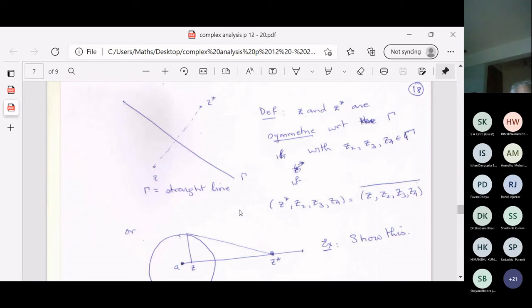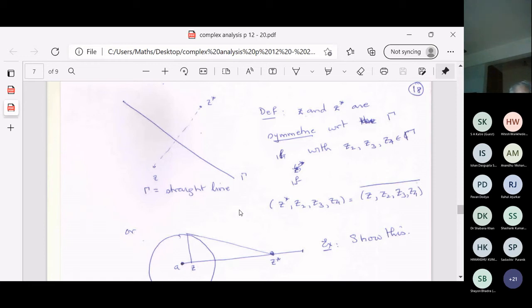And I will say Z and Z star are symmetric with respect to gamma if the cross ratio of Z star, Z2, Z3, Z4 is the complex conjugate of the cross ratio of Z and Z2, Z3, Z4. So Z and Z star are symmetric with respect to gamma if you choose 3 distinct points in gamma, Z2, Z3, Z4.